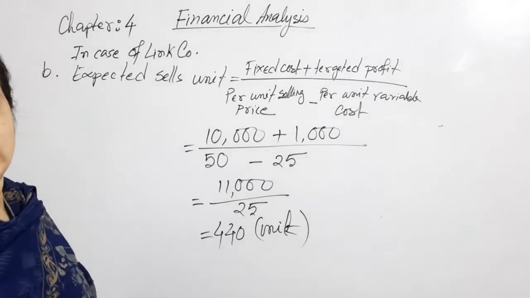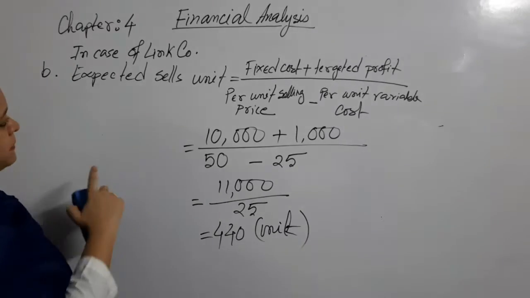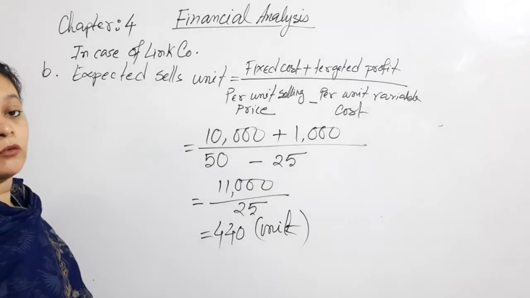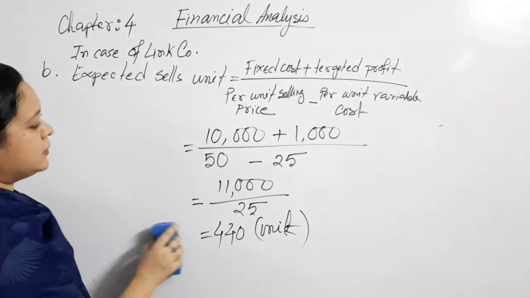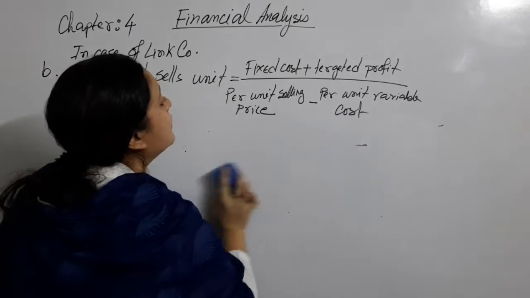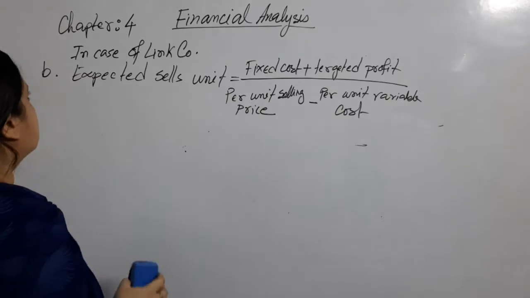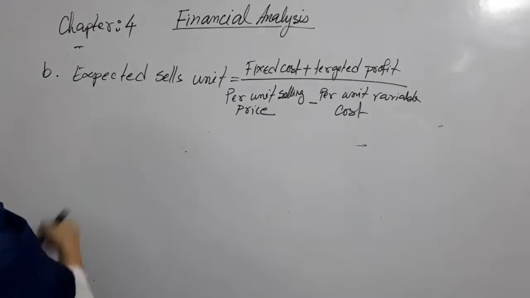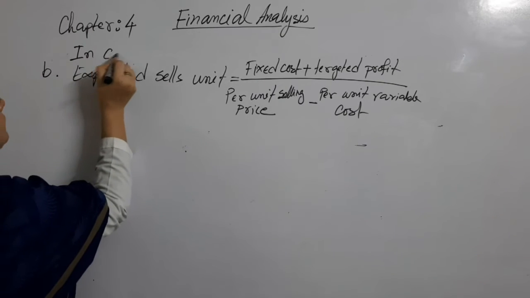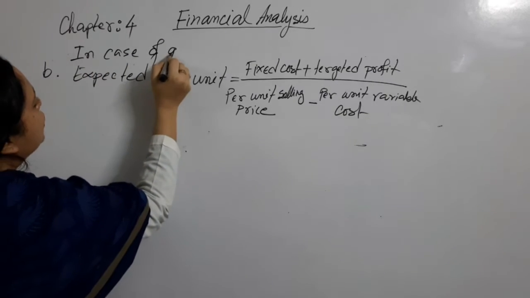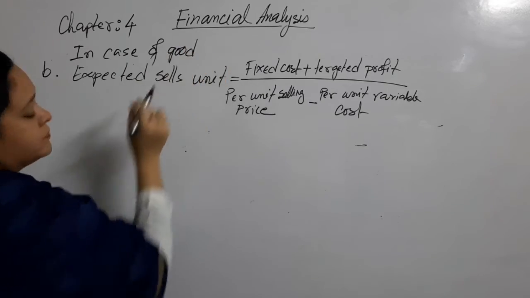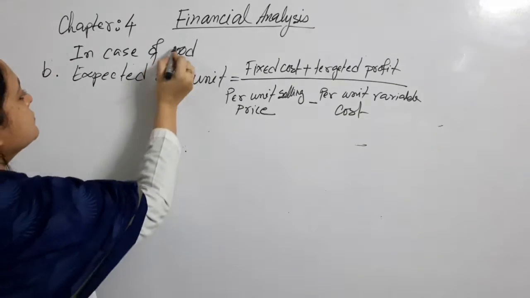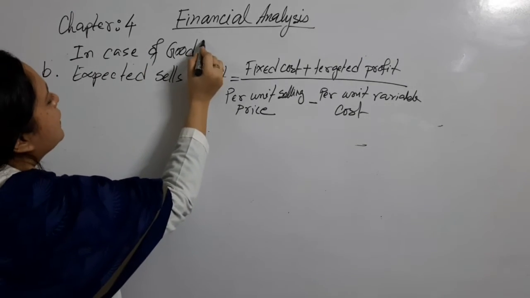Now we have to find out the other company's expected sales unit. The other company is Good Luck Company of pen manufacturing. Here we can remove it and the formula remains the same.